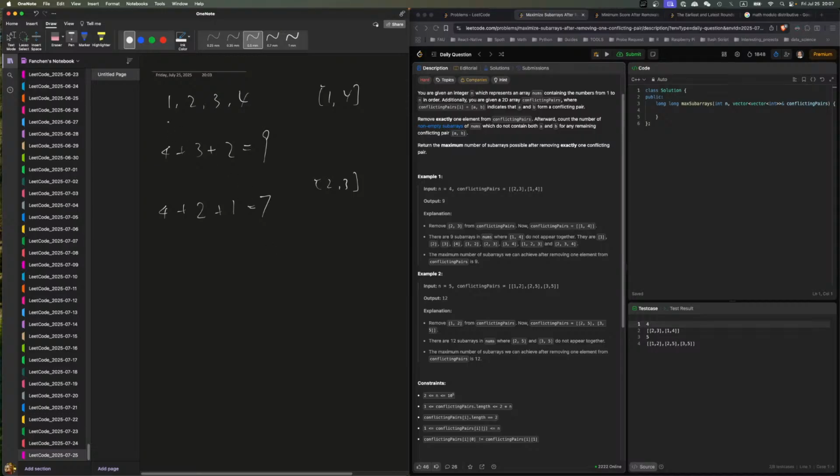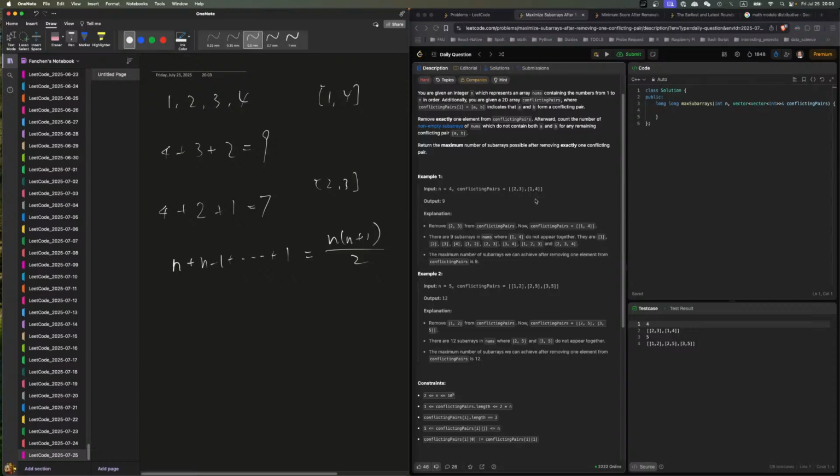I think the number of subarrays is n plus n minus 1 plus ... plus 1, which is n times n plus 1 divided by 2. This is the total number.